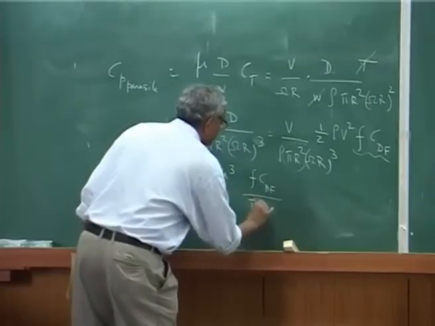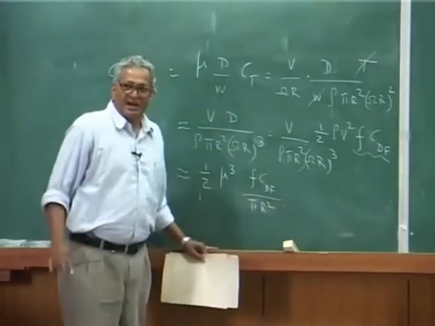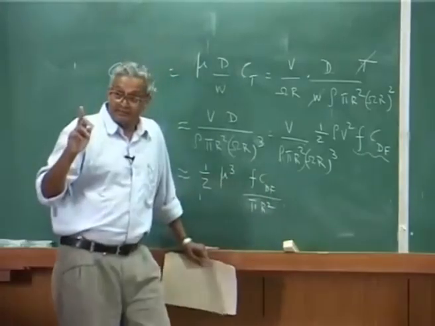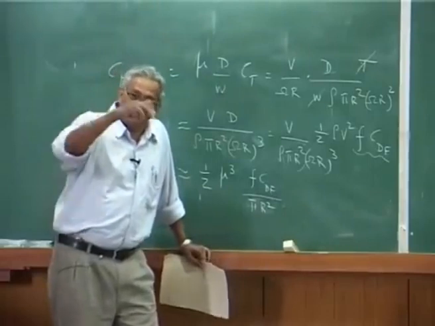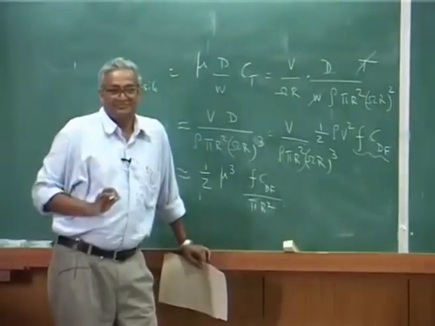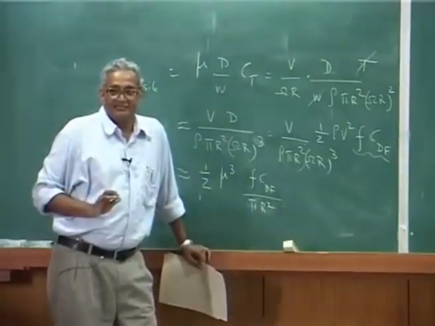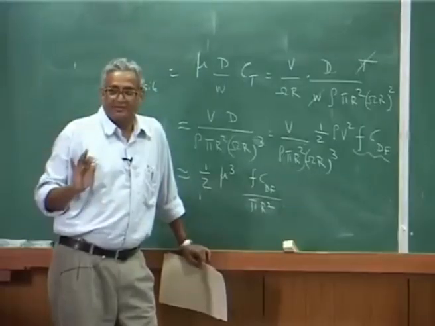But how they usually represent this as, okay, assume that CDF is 1, okay, find out the equivalent area, frontal area. You follow what I am saying?